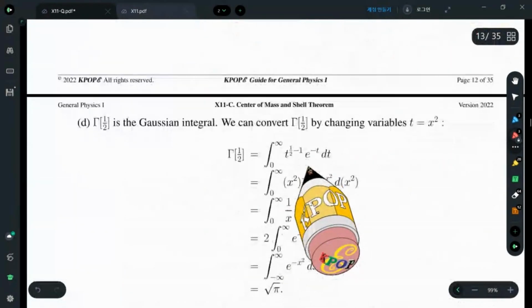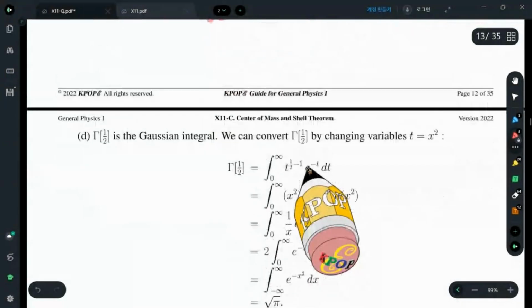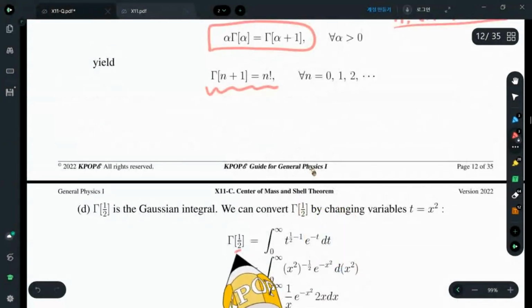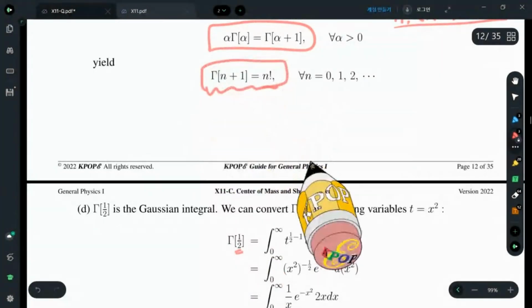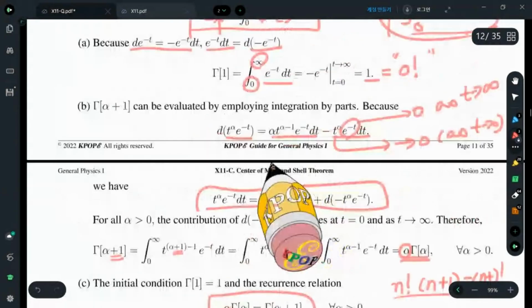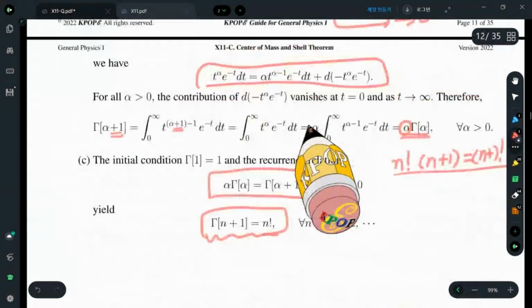Anyway, we go further by replacing this alpha that is not an integer. For an integer, you do not have to make use of this complicated integral representation of this gamma function.